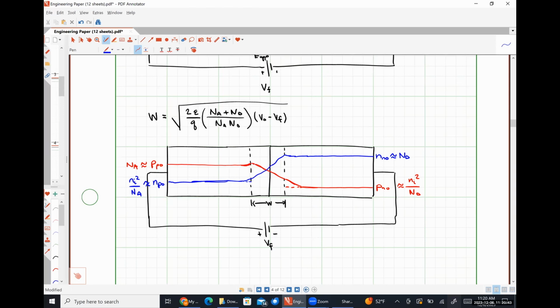Okay. So just to be explicitly clear here, we are seeing hole diffusion occur in this direction and electron diffusion occur in this direction.